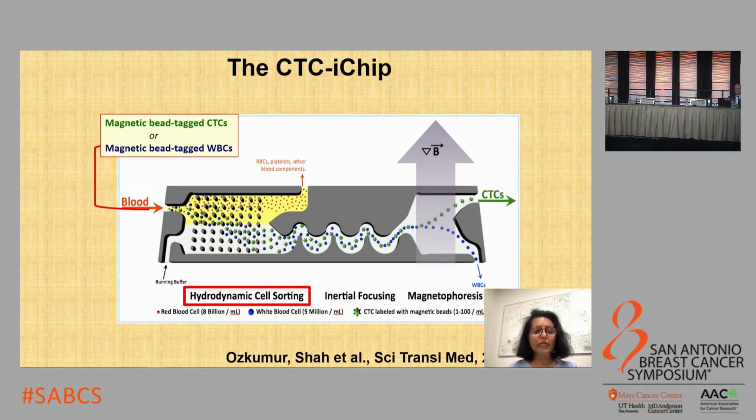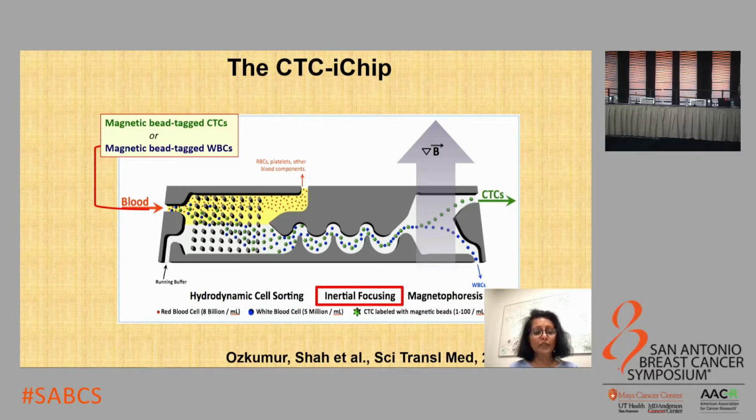In the first segment, the red blood cells, the platelets, and the unconjugated beads are removed from the blood using a size-based sorting, the hydrodynamic cell sorting, leaving behind the nucleated cells, which is a mixture of the CTCs and the tagged white blood cells.